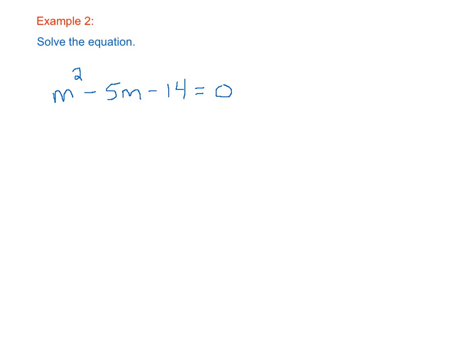Alright, so if we want to solve this equation, we're going to first start by factoring. So I'm going to look at the last term there and list the factors that, when you multiply them together, give you negative 14. We can do negative 14, positive 1. We could do positive 14 and negative 1. We could do negative 7 and positive 2.